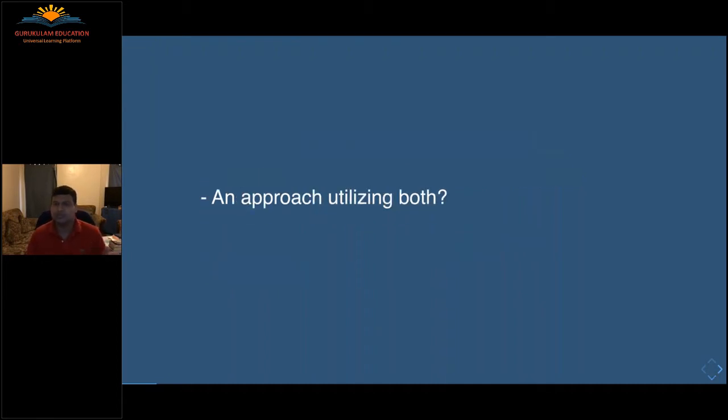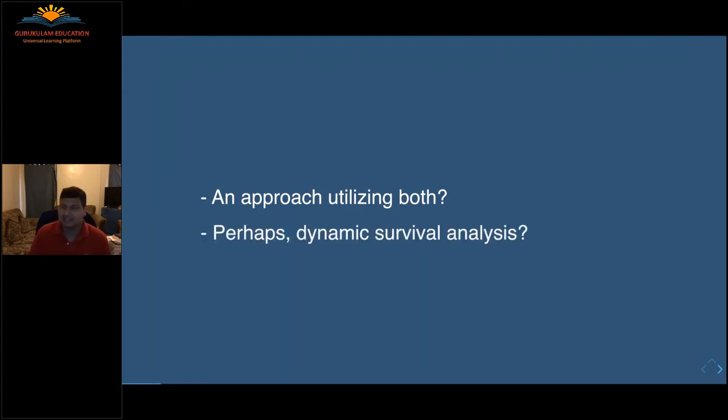These two approaches seem kind of orthogonal, but is it possible to utilize both of these approaches in a way? The answer to this question is, of course, yes. Whenever you ask a rhetorical question, most of the time the answer is yes. I would like to convince you that this approach, called dynamic survival analysis, is actually a combination of these two methods.